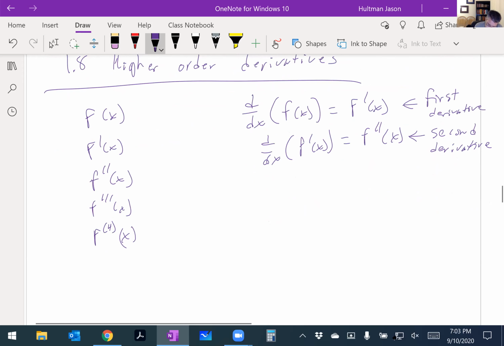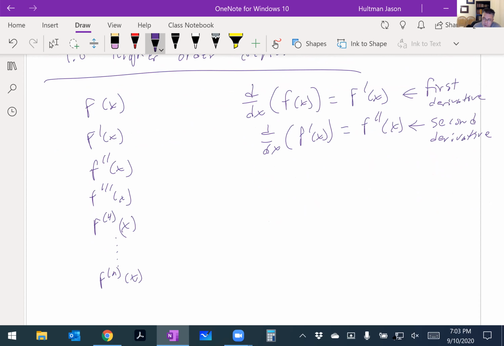You just say the nth derivative of x, whatever derivative you're looking for. Sometimes the first derivative is dy dx. We call that dy dx. That's f prime of x.